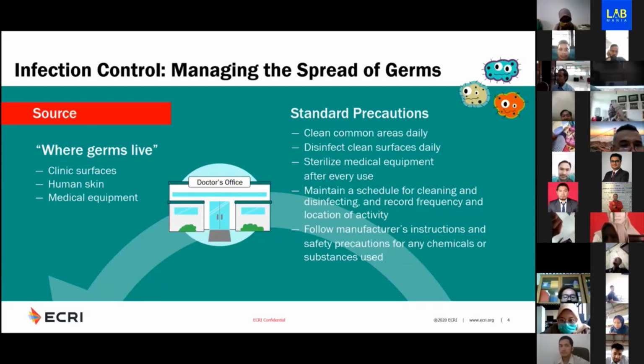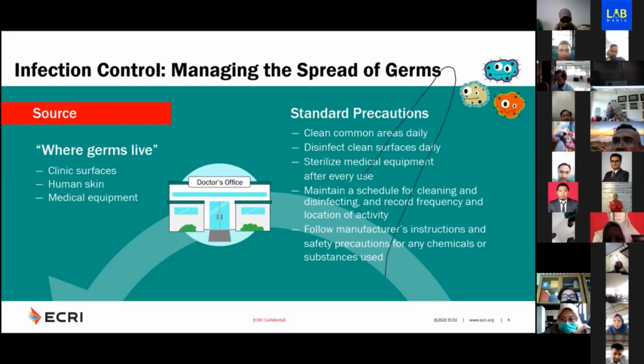Apa bezanya kita bercakap tentang cleaning, disinfection, and sterilization. Apa bezanya? And of course, depending on the application, depending on the area where you want to clean or equipment which you wish to decontaminate, it depends on the method that you use.